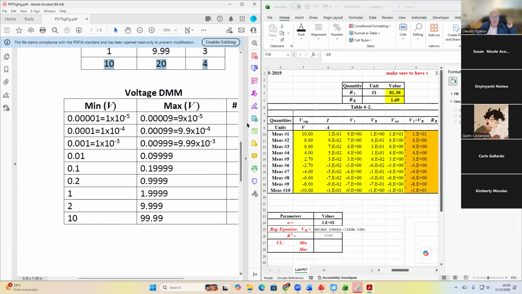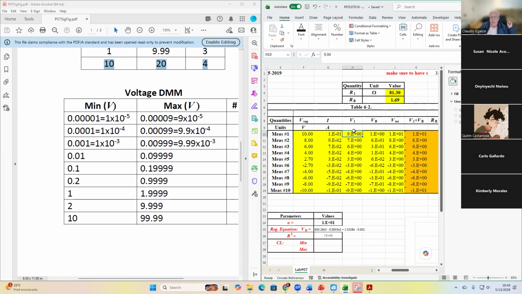Let's go for the voltage, as measured by the DMM. Okay, here you go. Those 3 voltages right in here. This voltage is 904, this voltage is 1, this voltage is 997.